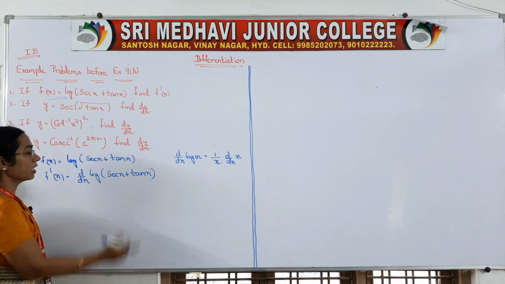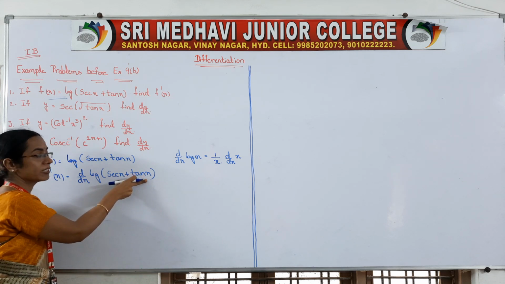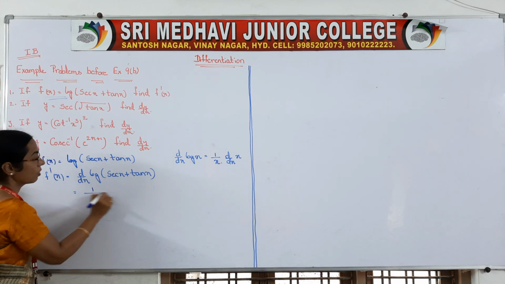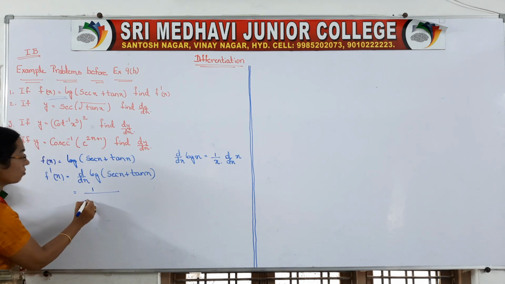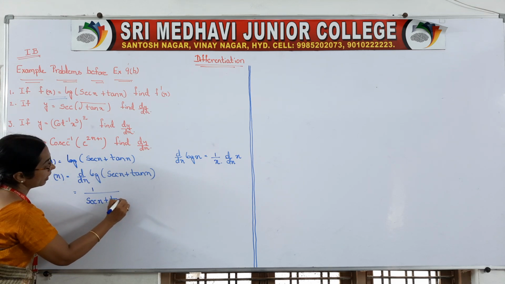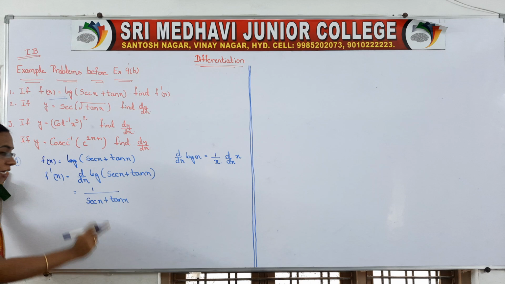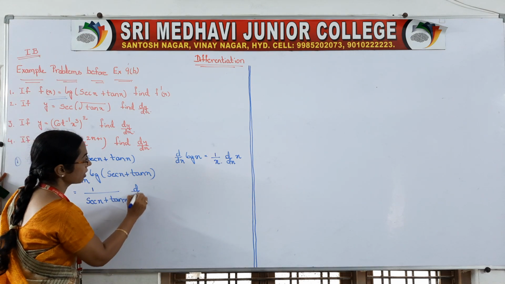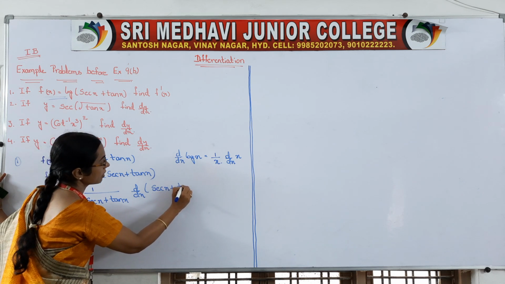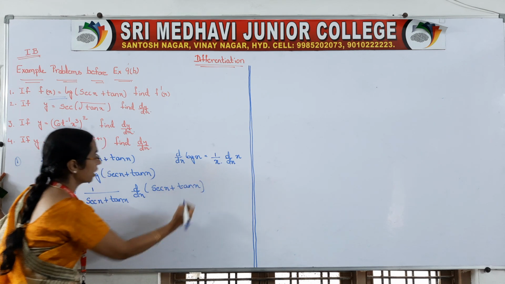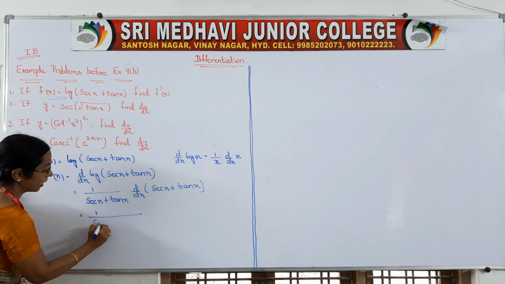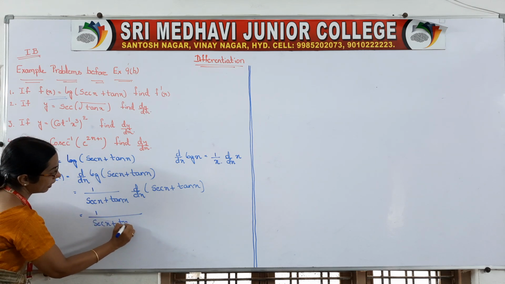So instead of x we have here secant x plus tan x. So we can take this as 1 by secant x plus tan x, into d by dx of that variable, that is secant x plus tan x. Okay, so it is equal to 1 by secant x plus tan x.